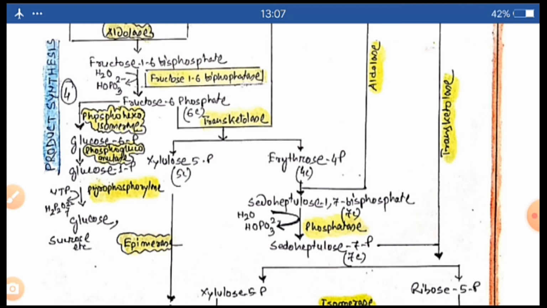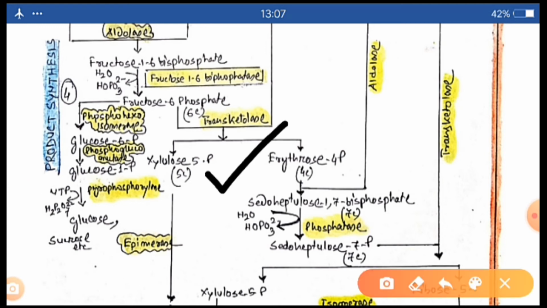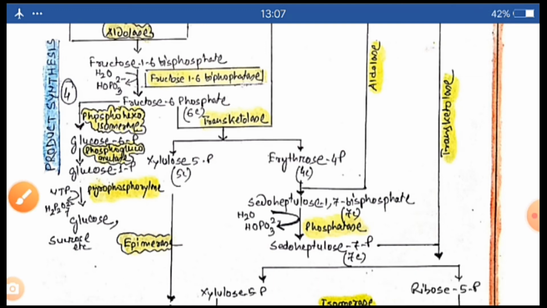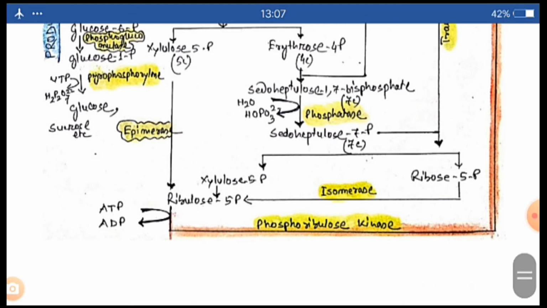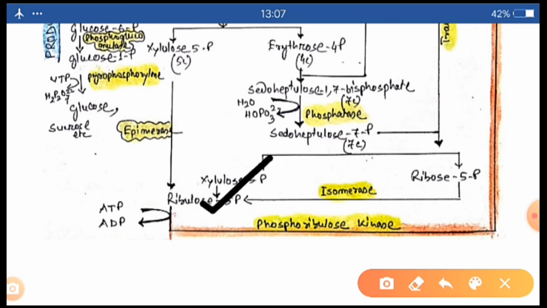Let us see what happened to the 5 carbon xylulose 5-phosphate. This 5 carbon product is converted to ribulose 5-phosphate in the presence of the enzyme epimerase.